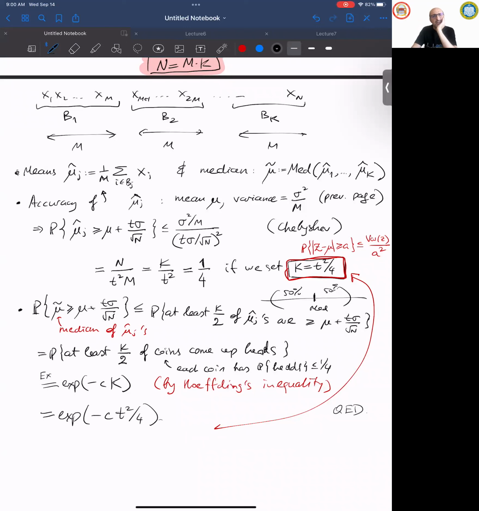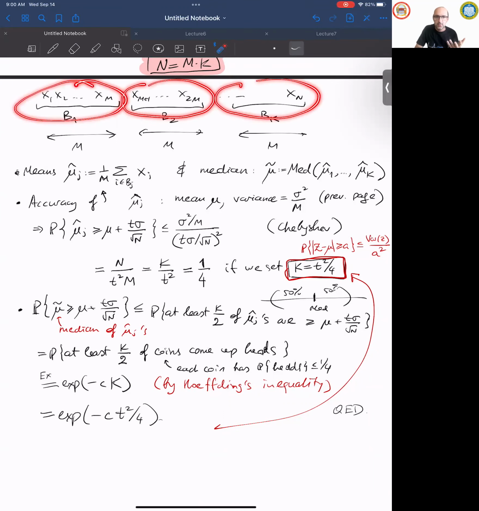It's a good idea, actually. This argument didn't really require these blocks to be disjoint. We need independent estimators here, but that's okay. If we just pull these numbers at random and then put them back, that's a good idea too. Yeah, you're welcome. That's a great idea.